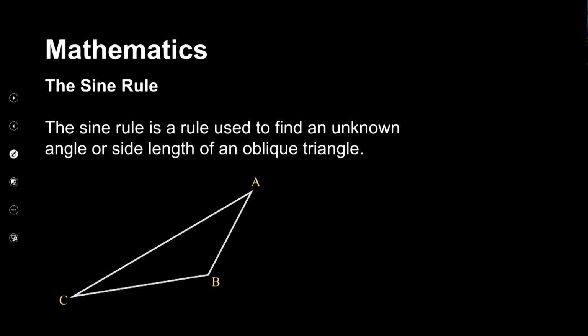The sine rule, again, we're going to be using to find some unknown angle or the length of some side. So either we'll be finding an angle here, angle A, or we could be finding, for example, the length of AC.